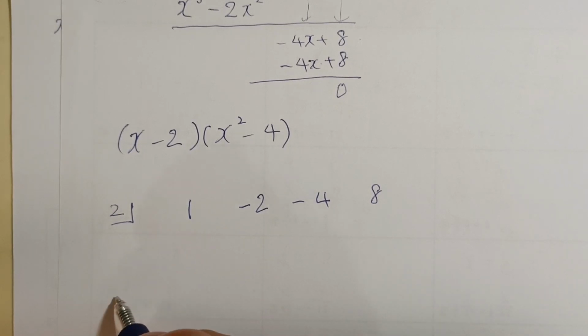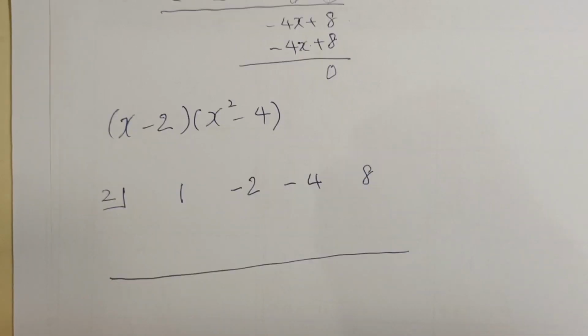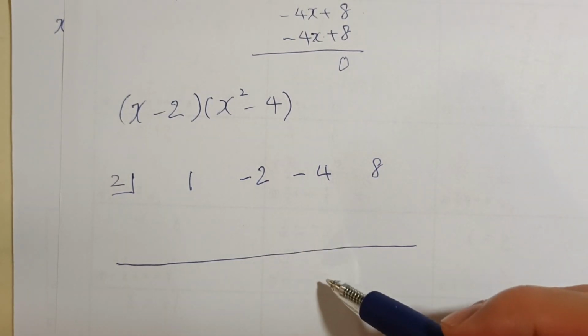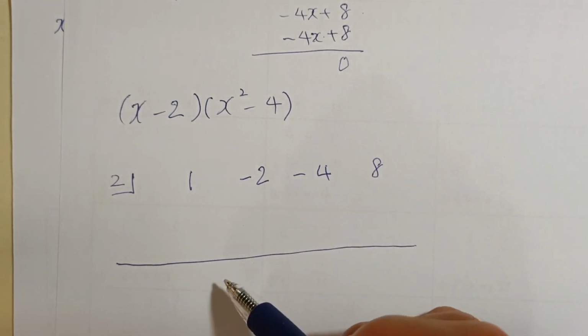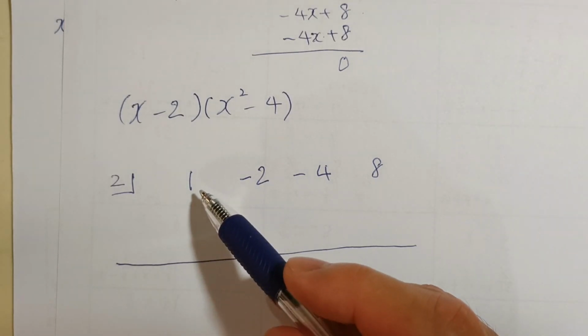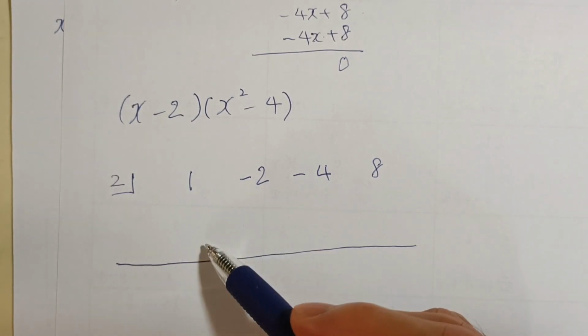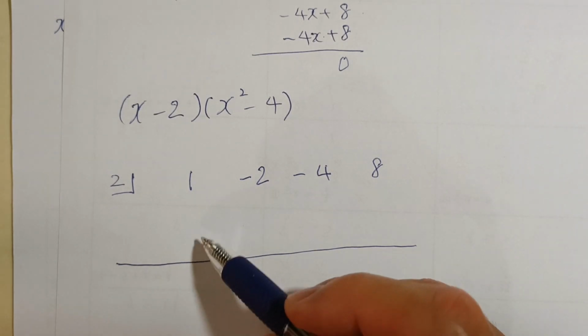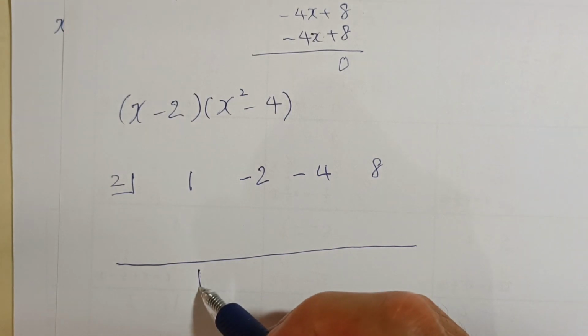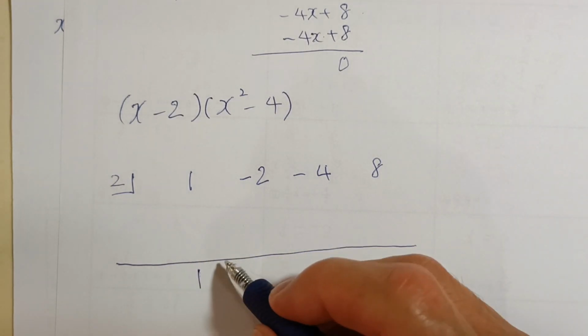And then you put the line here. Basically, you do drop, shift, drop, shift, drop, shift. And when you drop, you add, not take away. This plus this is this. 1 plus nothing is 1. Drop. And then shift up.